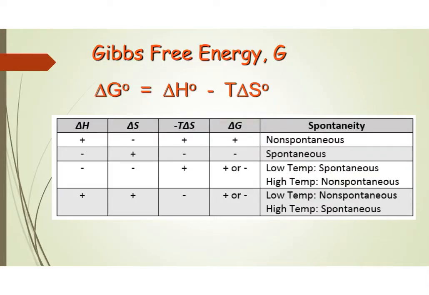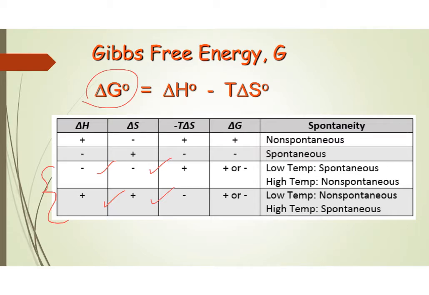All right, so the tricky part of predicting what free energy is going to be for a process is if enthalpy and entropy are opposing one another. That will be the case if they both have the same sign. So let me explain that a little further.